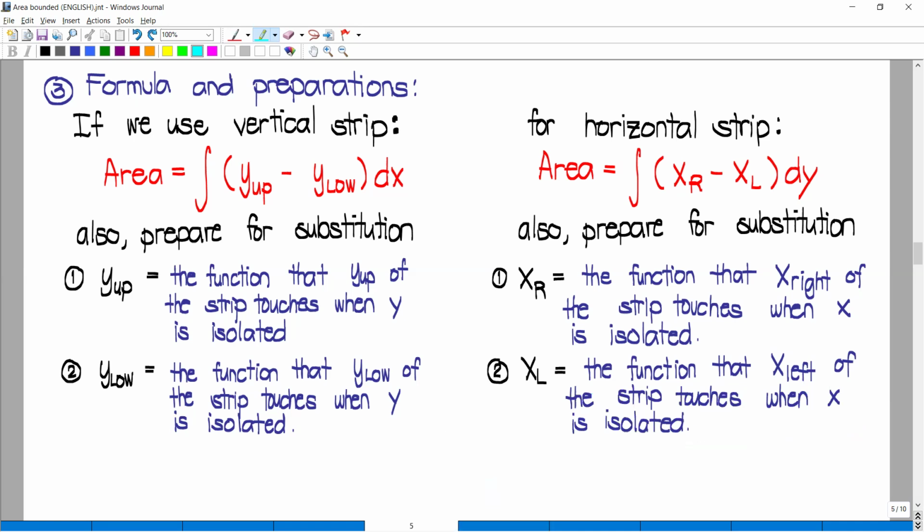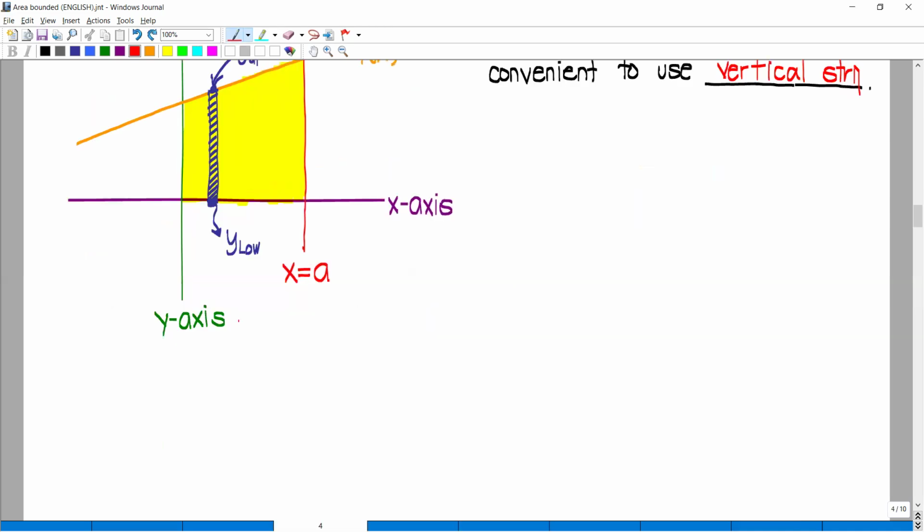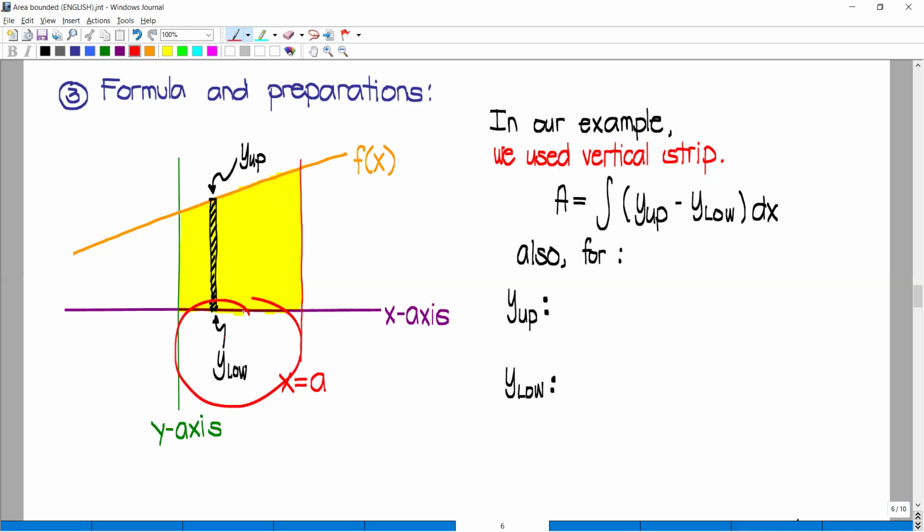So, okay, let us now apply step number 3 in our given figure. Guys, we use a vertical strip, okay? And we saw that the y up is touching the f of x, and the y low is touching the violet line, or the x-axis.